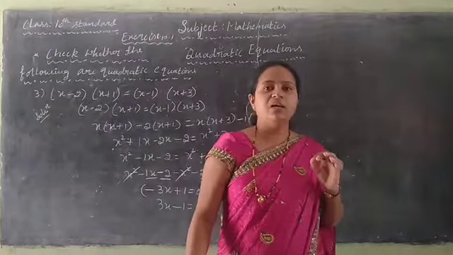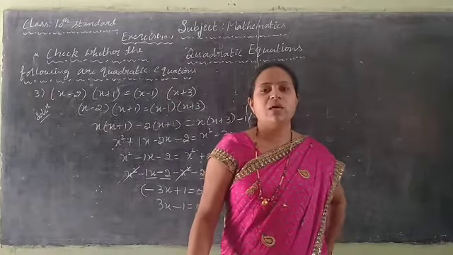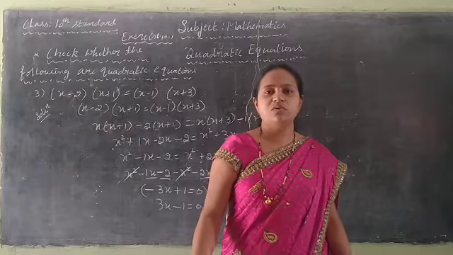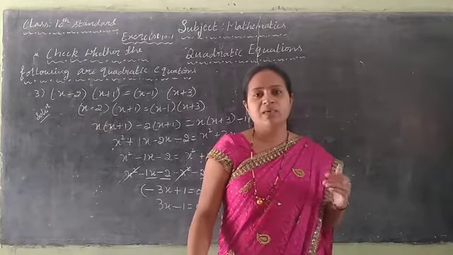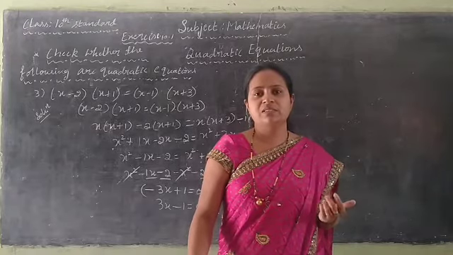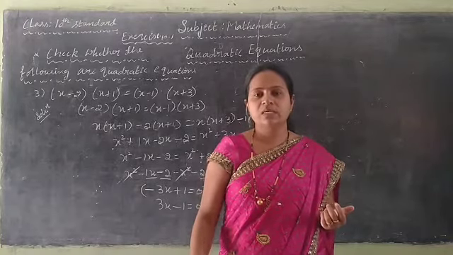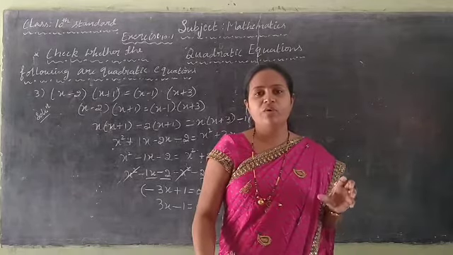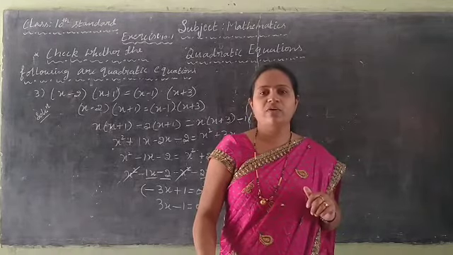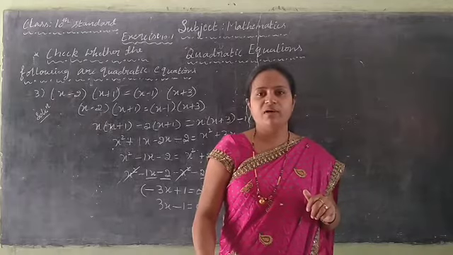Just see whether it is in the form of ax square plus bx plus c is equal to 0. No, it is not in the form of ax square plus bx plus c is equal to 0 because there is no degree 2, children. Understood? Therefore, it is not a quadratic equation. Did you get it, how to identify? Yes.